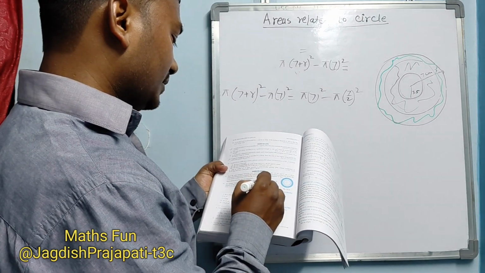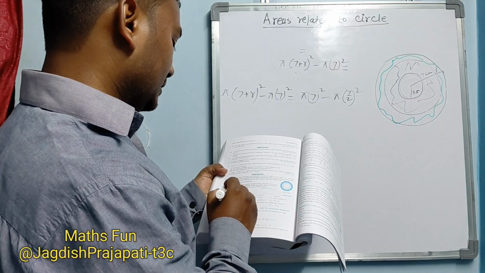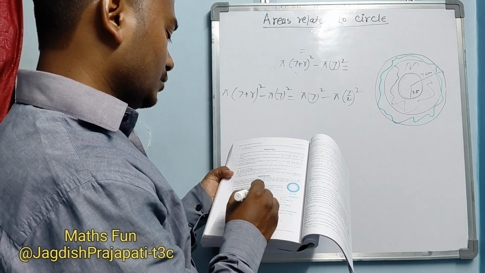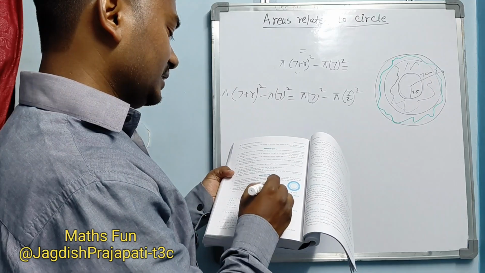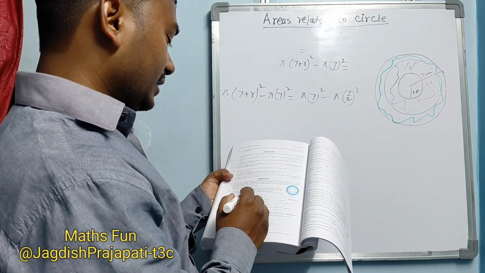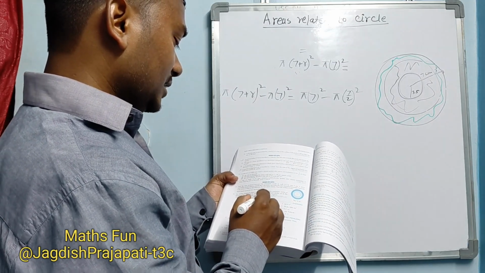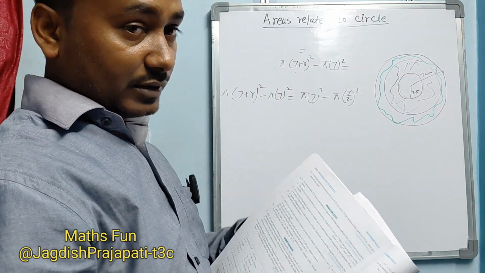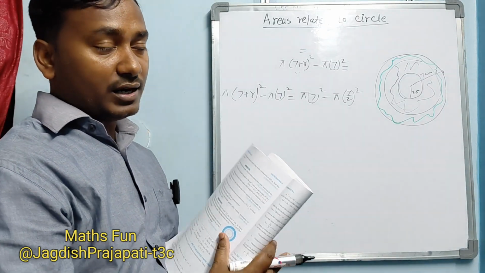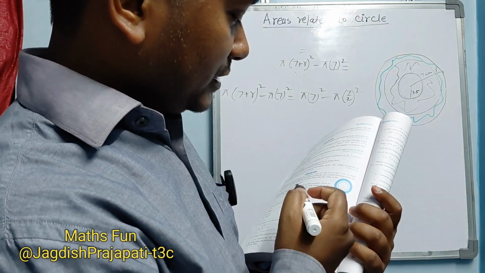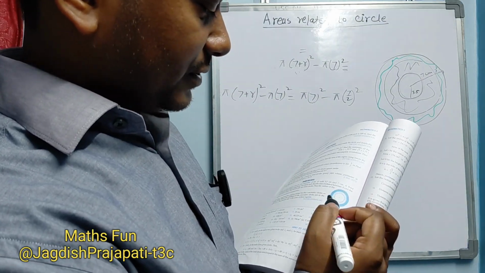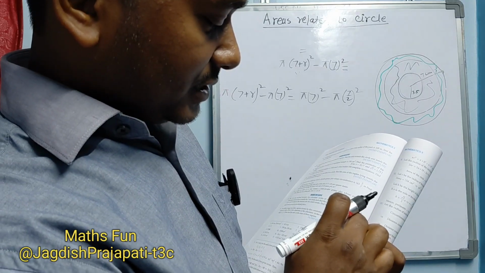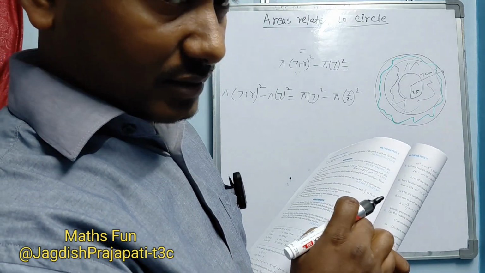If the diameters of the concentric circles are in the ratio 1:2:3, then find the ratio of the areas of the 3 regions. So the first region is this, the second region is this, and the third region is this.